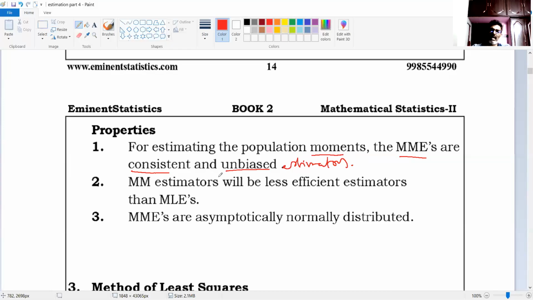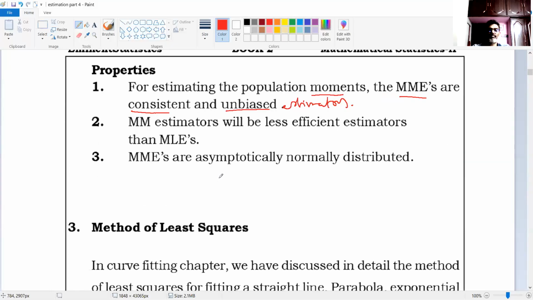Easily we can identify the consistent estimator and the unbiased estimator using the MME technique. MME is a very simple technique. Using that, easily we can give the consistent and unbiased estimators. No need to go through the original process of checking consistency and unbiasedness.